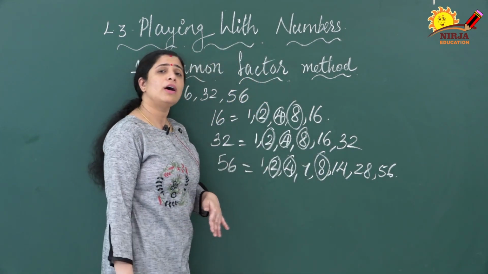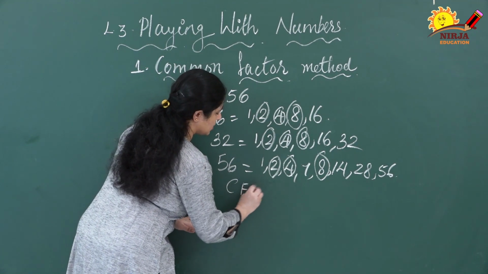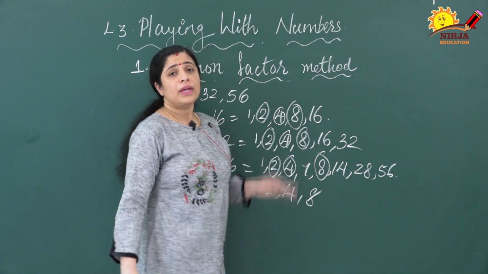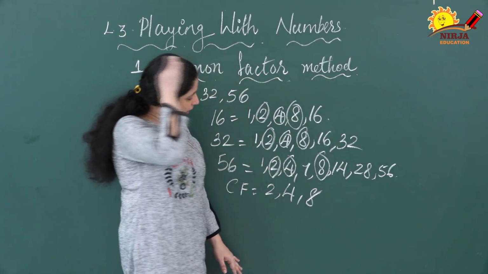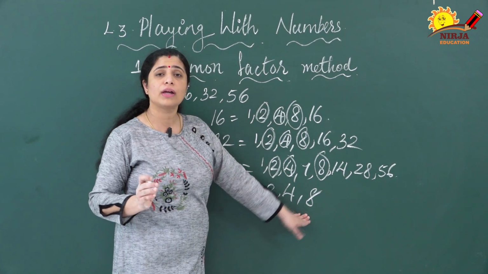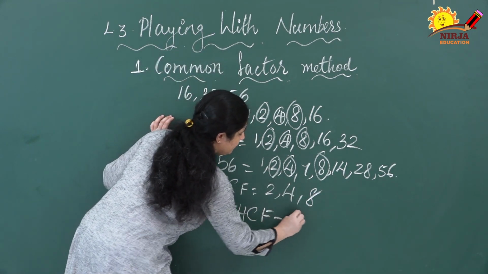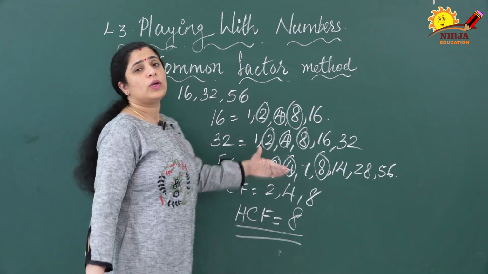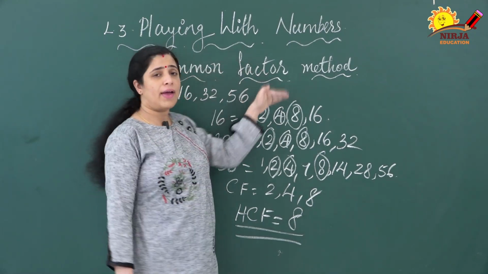So the common factors are 2, 4 and 8. From this you come to know that 8 is the highest common factor. So HCF is equal to 8. This way you can find the HCF of numbers by the common factor method.